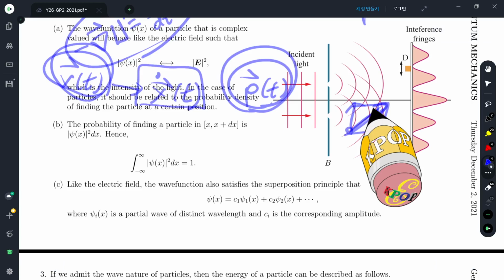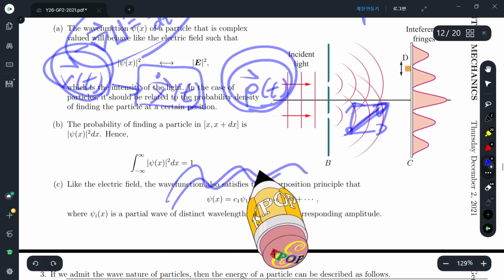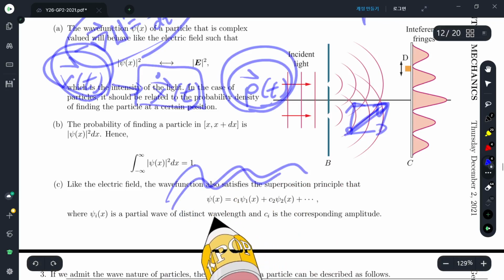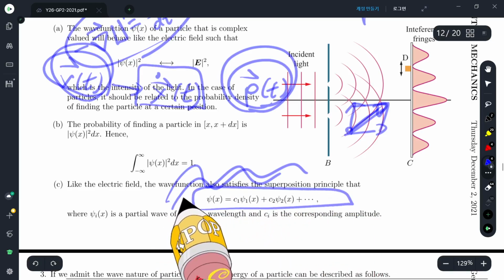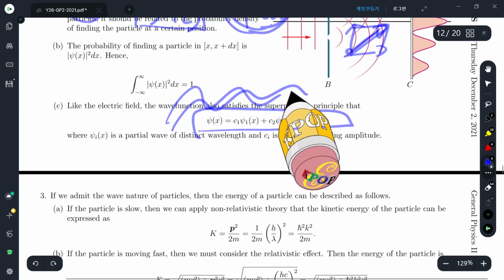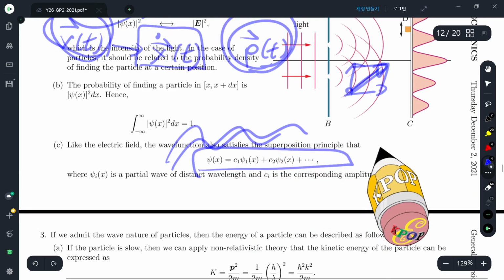And if we consider waves, two waves can be added as an algebraic sum. So a linear combination of waves is another wave, so they can interfere.